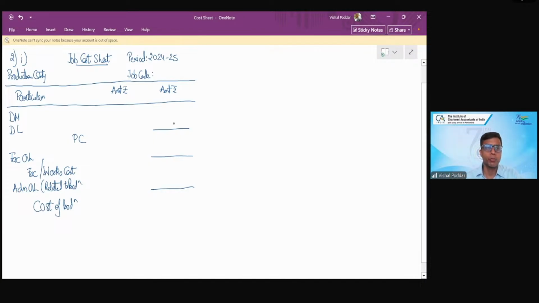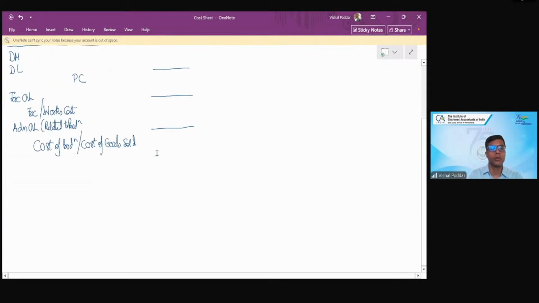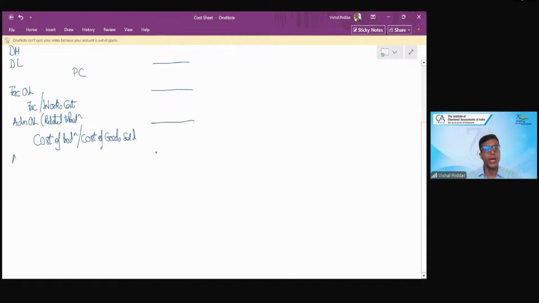In that, we adjust opening and closing WIP and we get cost of goods sold. Since stocks are not given here, my cost of production will also be my cost of goods sold. And then in this, we add our administration overheads.